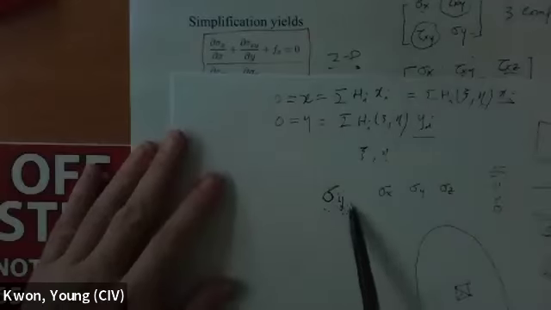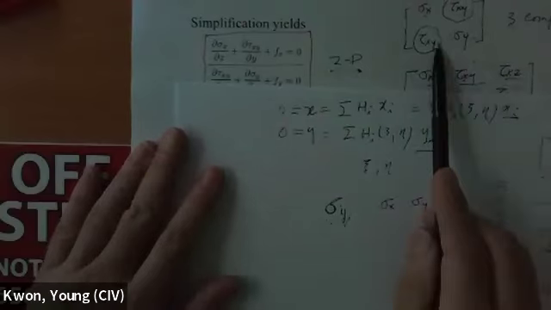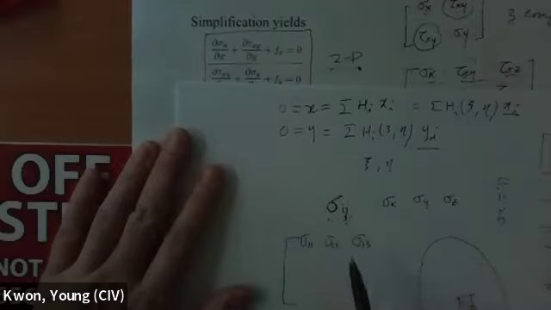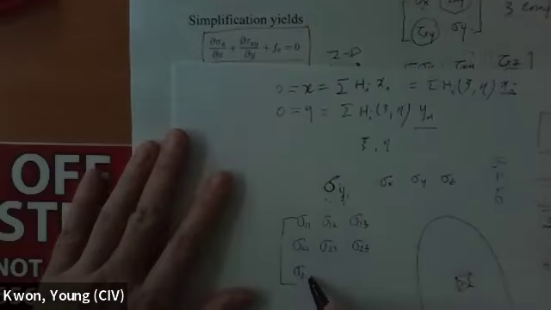Depending on i, j, it's going to be a 2D matrix like that one: sigma 1,1 or xx, sigma 1,2, sigma 1,3. If I use 1, 2, 3 notation instead of x, y, z: sigma 2,1, sigma 2,2, sigma 2,3, sigma 3,1, sigma 3,2, sigma 3,3.